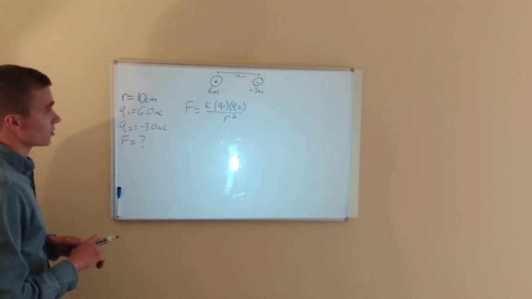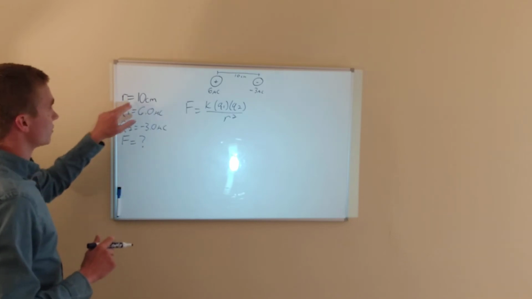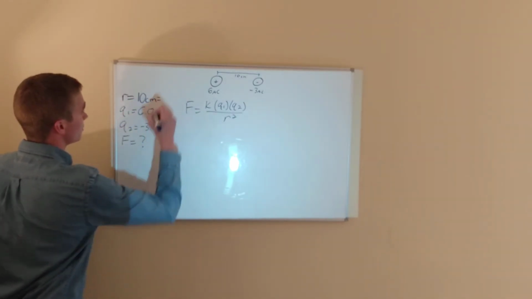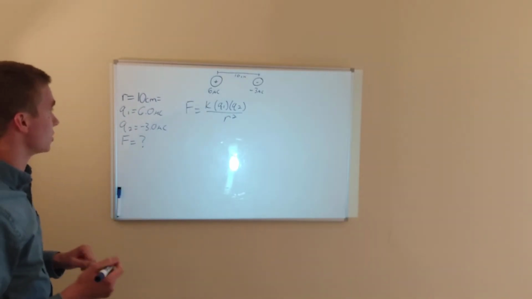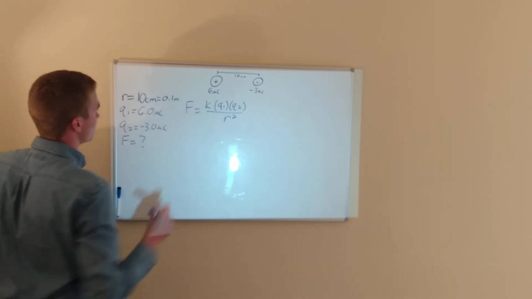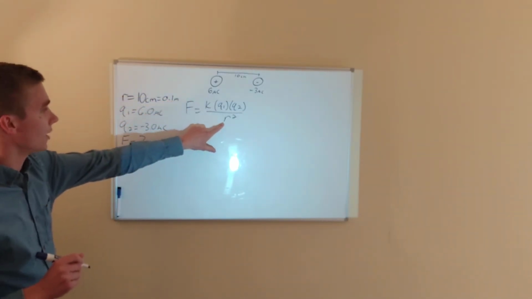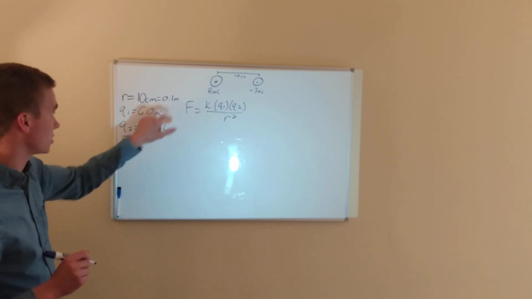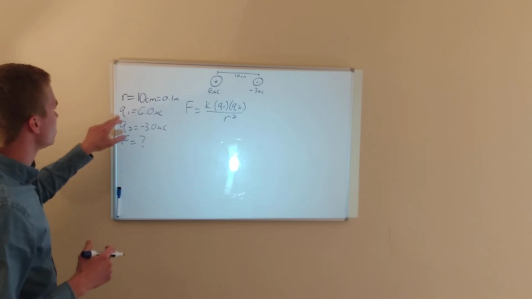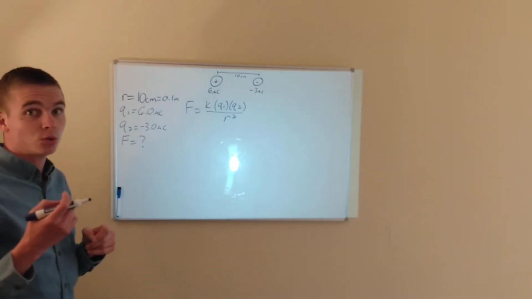For starters, we need to put everything into this equation in terms of not centimeters, but meters. So the first thing I need to do is convert 10 centimeters to meters, and you get 0.1 meters. That's important. Always have to substitute meters in for R, can't be centimeters. The other thing we need to do is express Q1 and Q2 in terms of coulombs.